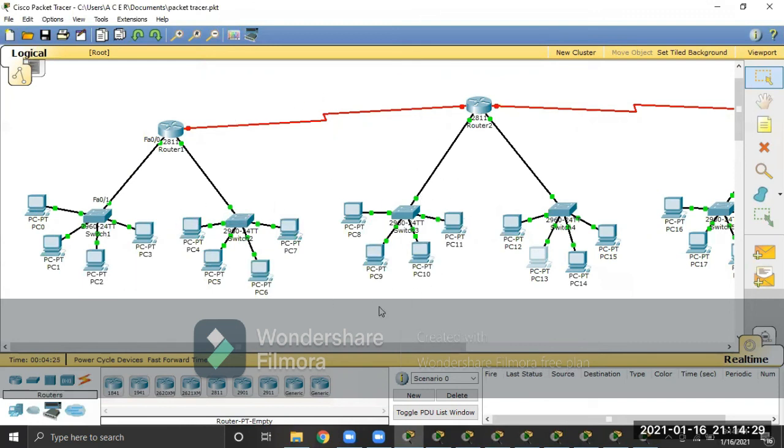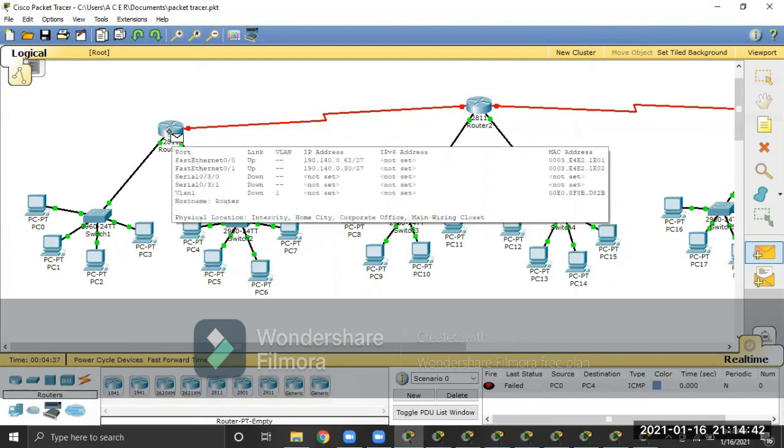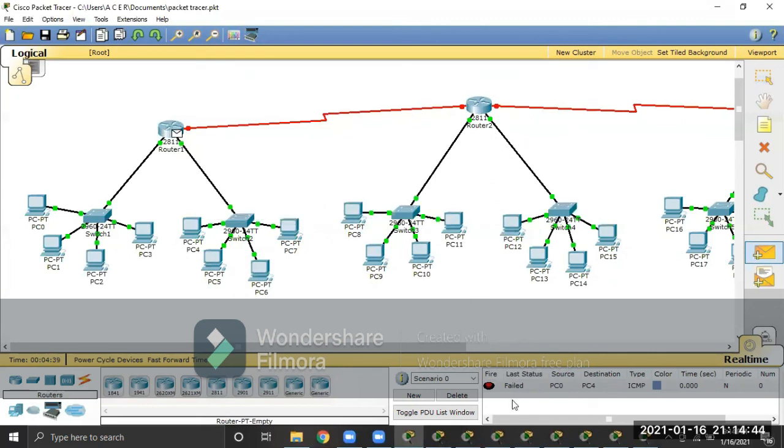A few errors just like this: trying to send from PC0 to PC4, it fails. Also trying to send to the router, it also fails. That's a few errors that we can't solve.